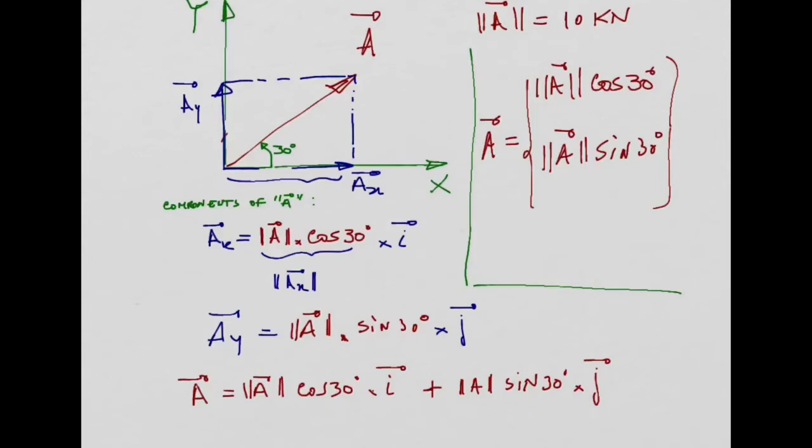The x component is going to be 10 cosine 30, the y component 10 sine 30, right? If you look carefully, we are completely representing a vector by including its intensity and its direction and adding the components to get the final vector, right? So far, any questions?